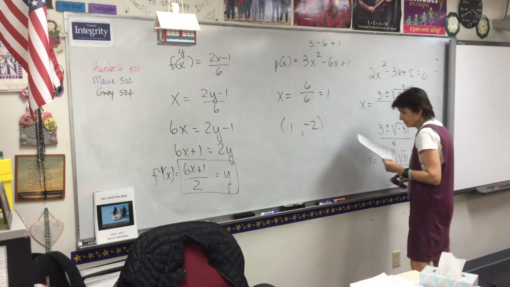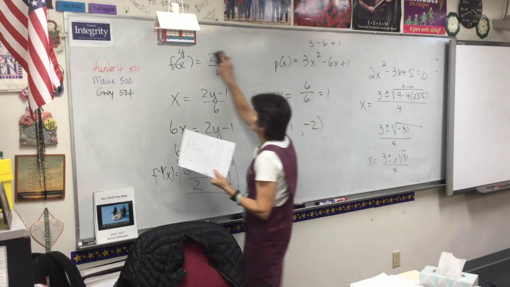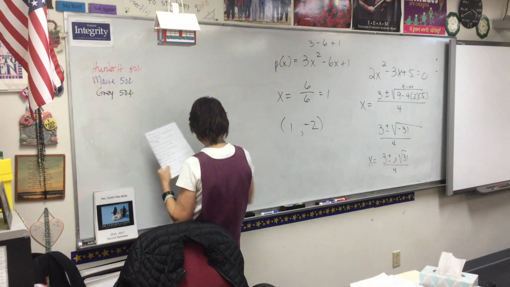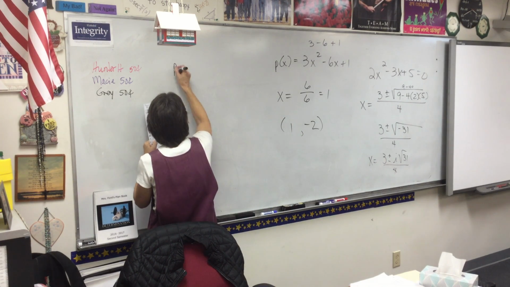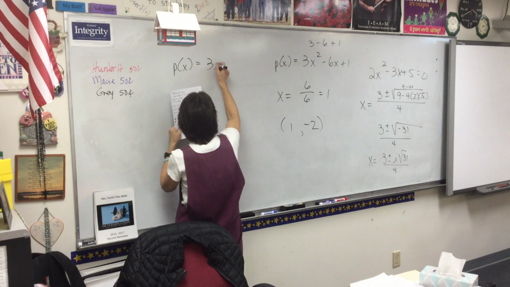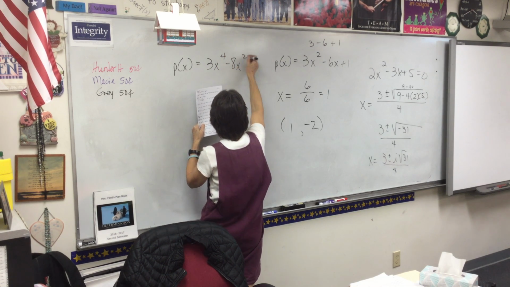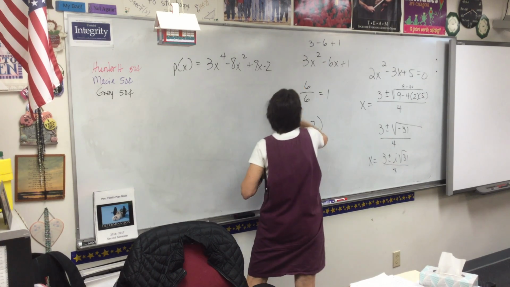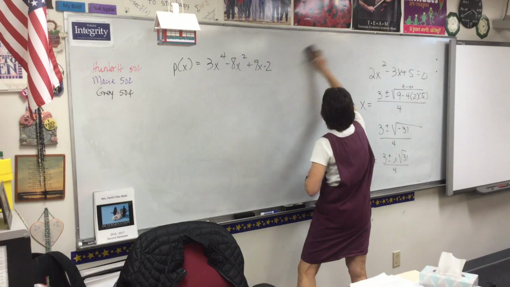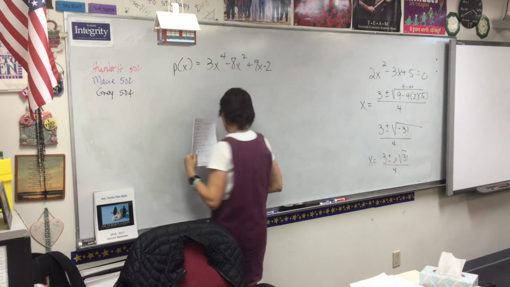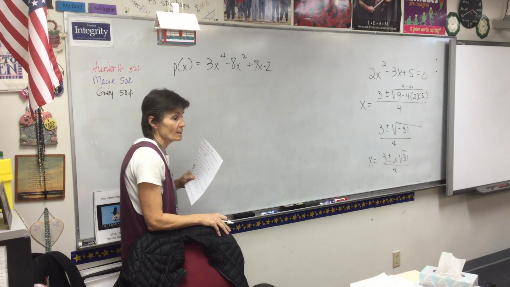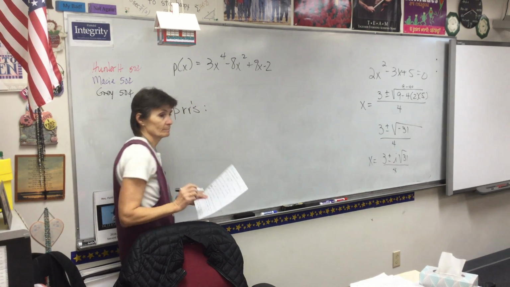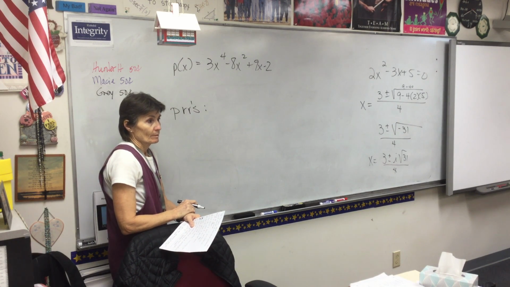Number 9, if they're marked out, you're not responsible for them. Number 9, that last number in the problem is really important, and it's not there, at least on my copy. So it's 3x to the 4th minus 8x squared plus 9x minus 2. And we want to know the possible rational roots, otherwise known as the PRRs, right?